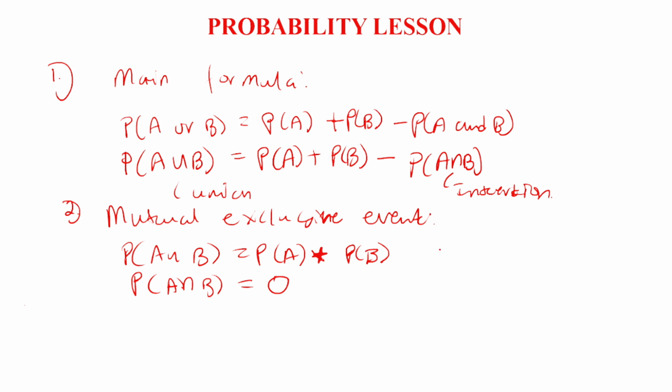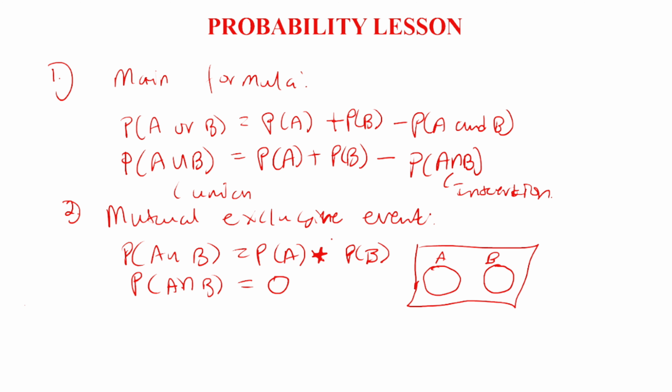There is no intersection. In terms of the Venn diagram, you would have probability of A there and then probability of B. There will be no intersection. Great stuff.